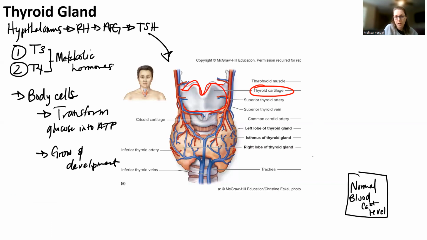If for some reason you have an increase in blood calcium levels, let's just say we have a stimulus. Our stimulus is going to be an increase in blood calcium levels. And we kind of do a homeostatic mechanism here where, what's our receptor? Well, the receptors are actually going to be in the thyroid gland.